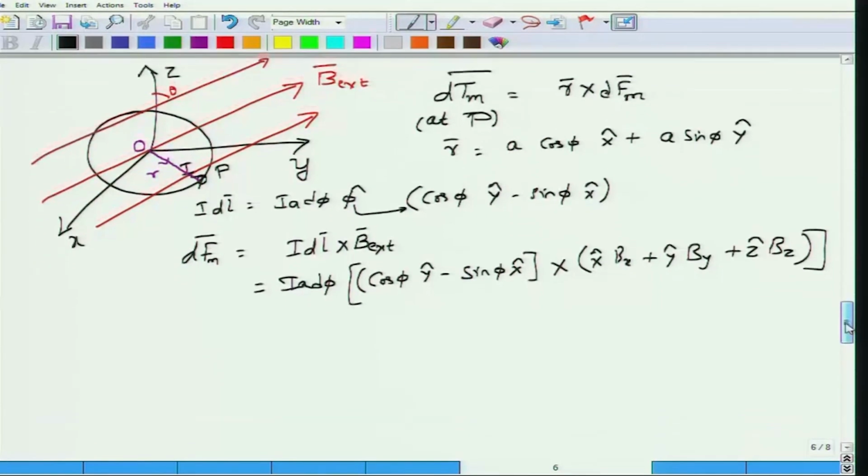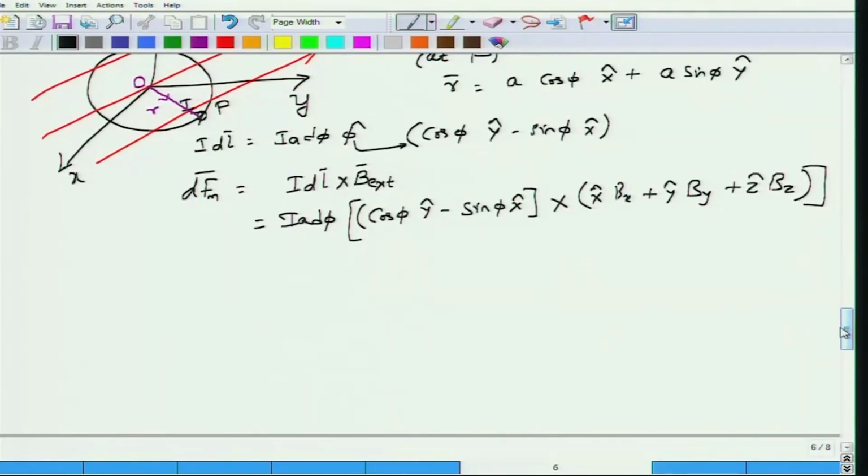Now you have to recall the cross product formulas. Y cross x will give you minus z, y cross y will give you 0, y cross z will give you x component, x cross x will give you 0, x cross y will give you z, x cross z will give you minus y.